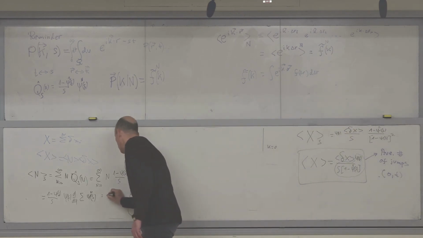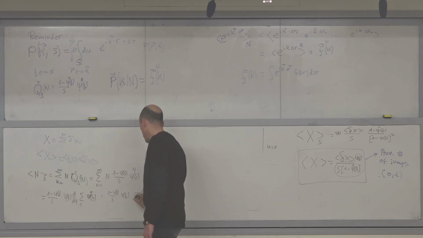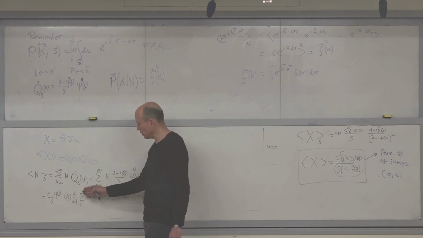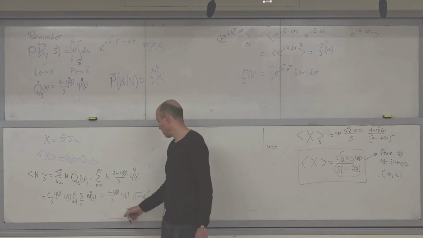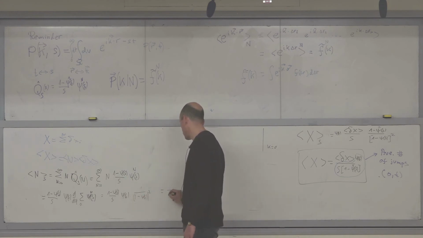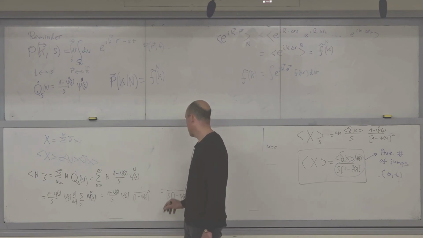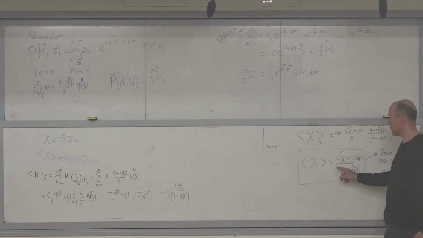Because this is equal to 1 minus psi s divided by s, psi s, from 0 to infinity. Then I take the derivative. This is 1 minus psi s squared. So this is the usual geometric series. I sum it, then I take the derivative, I get this, and this cancels. Then this is equal to s, 1 minus psi s, psi s, which is this.